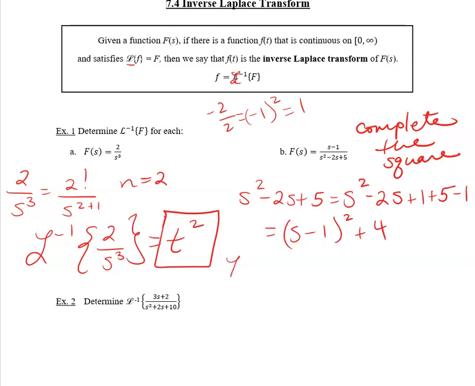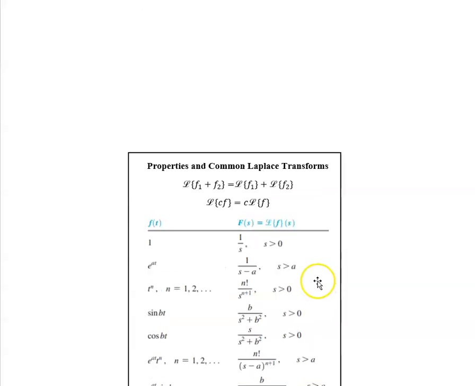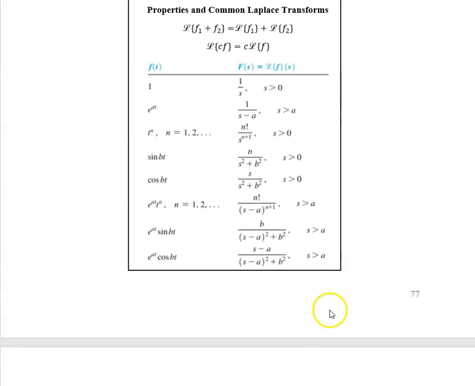So we're looking for the inverse Laplace of the expression s minus 1 over s minus 1 squared plus 4. Let's go back to our table and see if that fits one of the forms we need. And it does.